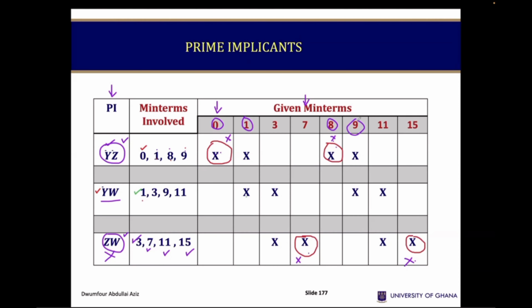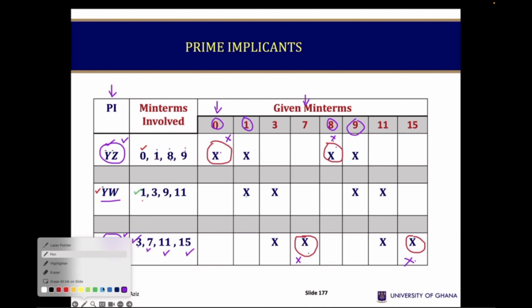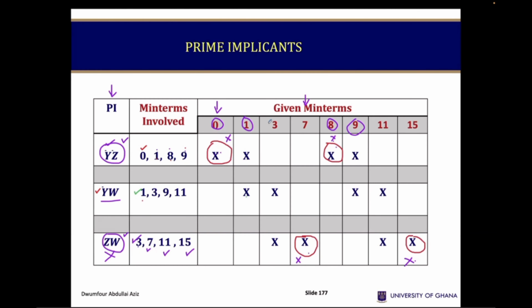We still have 4 that is not covered. Then we come to the other essential prime implicant. 3 is covering this. This one is 7, it's also covering this. This is 11, it's covering this. And 15, wow, it's covering this. So you see that taking only these 2 is enough to cover the whole of this, which means that this guy was actually not significant enough.